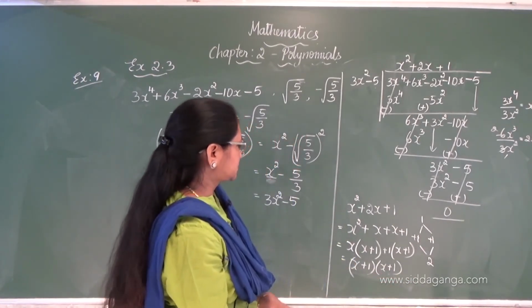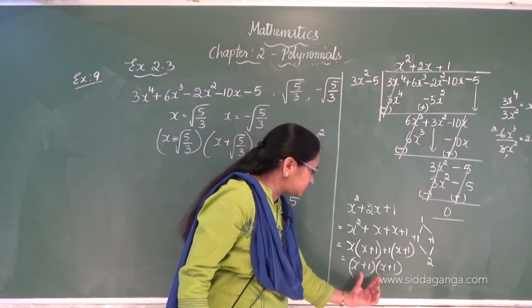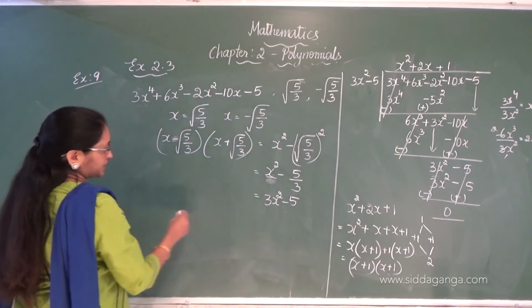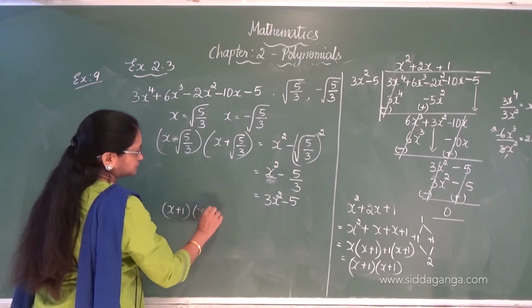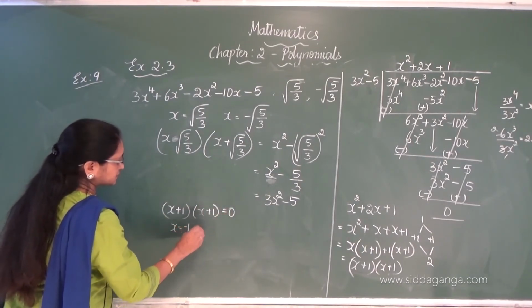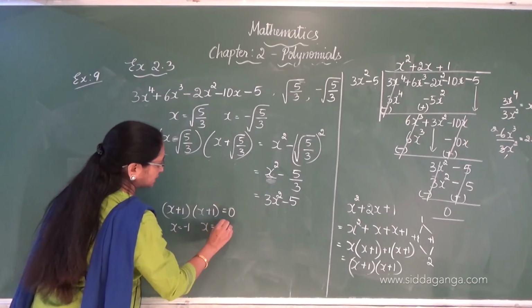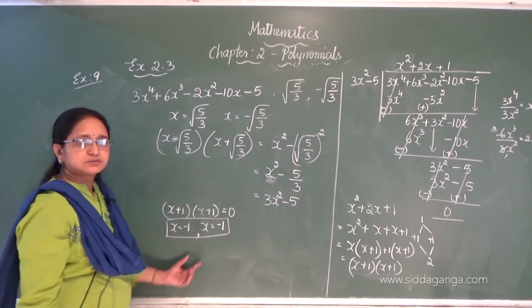Now the zeros, how to find them? I told you, p of x becomes 0, that is x plus 1 into x plus 1 is equal to 0. Therefore x is equal to minus 1, x is equal to minus 1. So you got 2 more zeros.